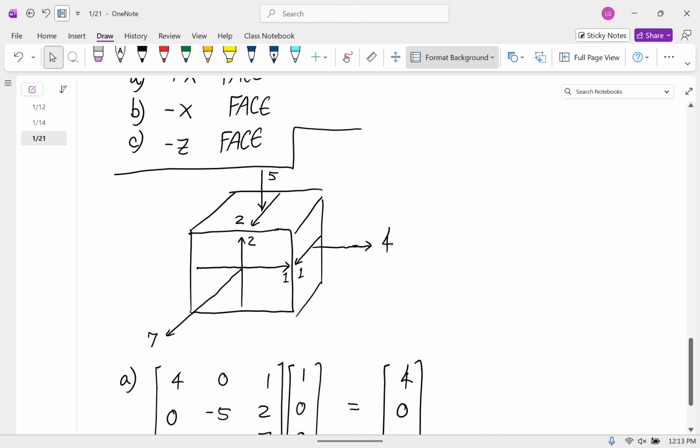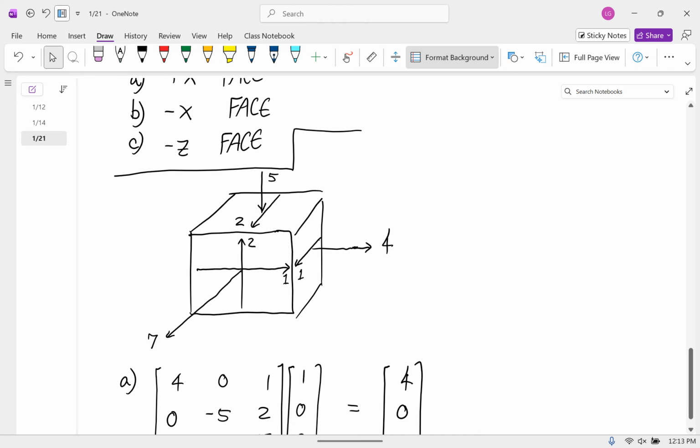So the outward facing normal, think of it as the alien in Alien, it's like the vector that goes just straight out of that face. So the vector that goes straight out of the positive x face is like this. And so the unit vector in that direction is 1 for x, 0 for y, 0 for z. Okay, because remember, when I draw these, our coordinate system is always this.